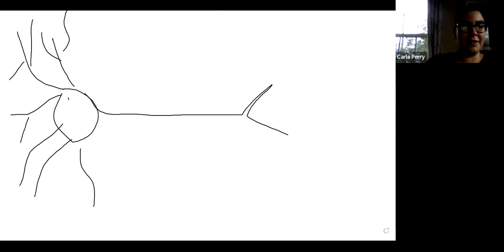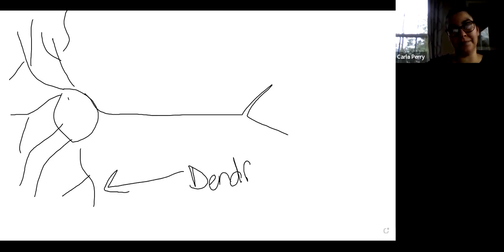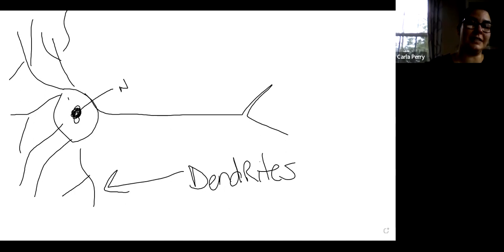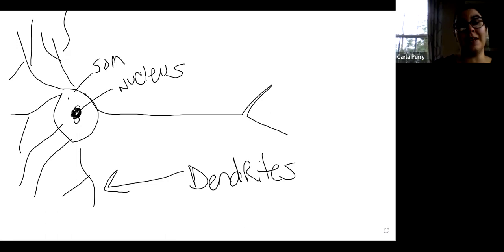So the basic structures of a neuron are the branches, which are called dendrites. And then this circular structure here, which has the central nucleus, is referred to as the soma, or you can also see it referred to as the cell body.